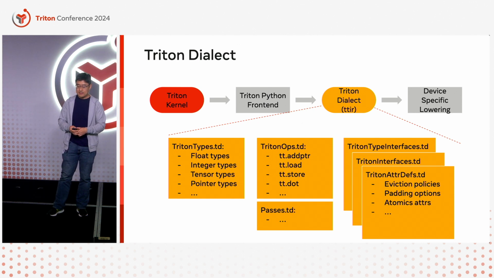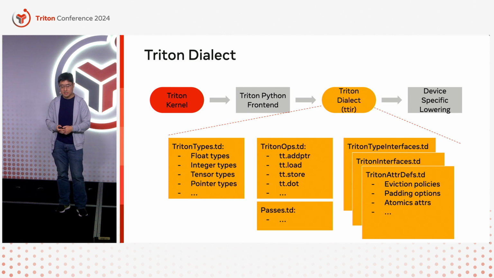In Triton ops, we define operations that often have a one-to-one mapping from the language level constructs, like add pointer, a key operation that we use to perform pointer arithmetic, loads, stores, dot to perform GEMM operations, and so on. And the list goes on.